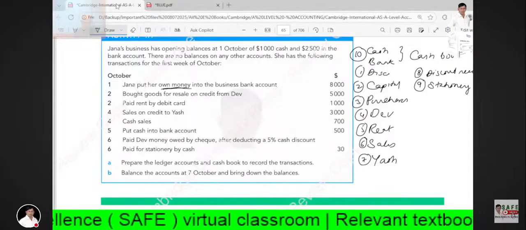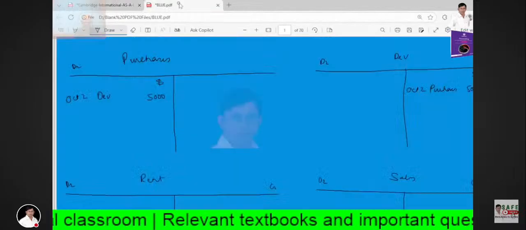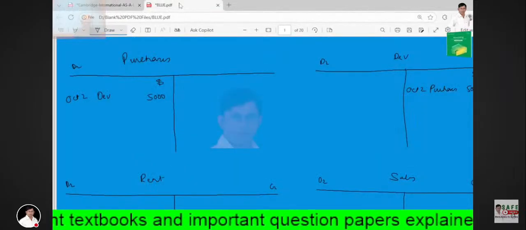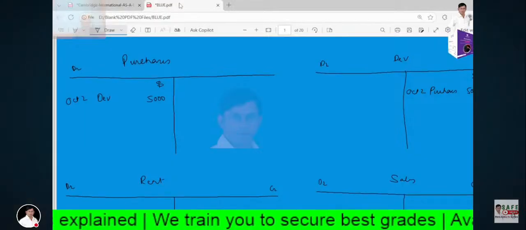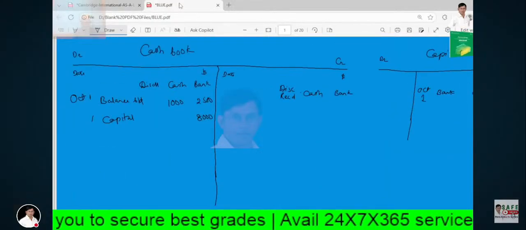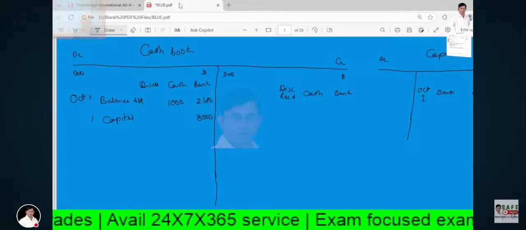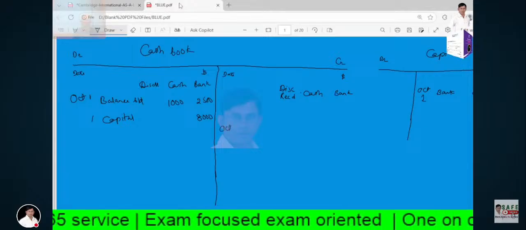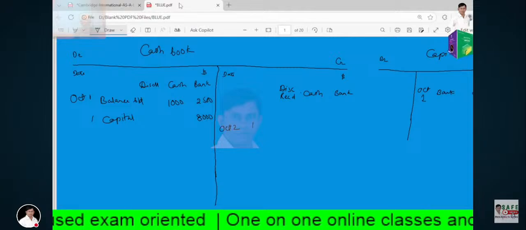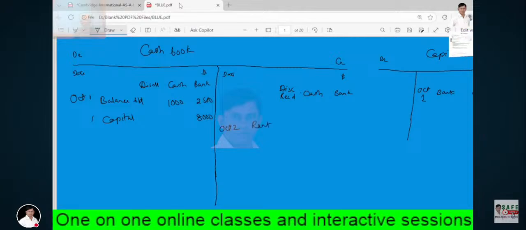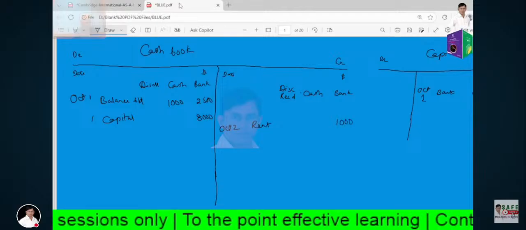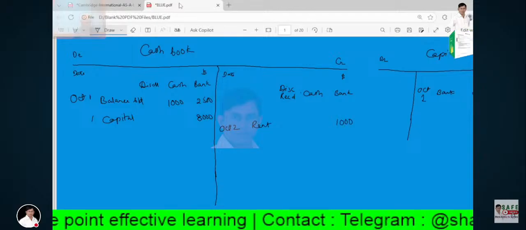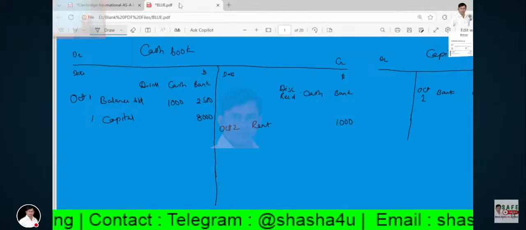What date is it? 2nd. Money has gone out from bank.